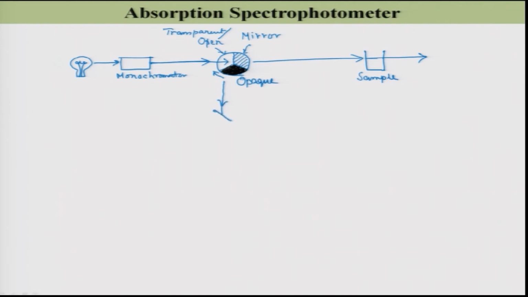and then I have another mirror over here, and it will pass through a place where the sample is not present. That means, this is my sample and this is my reference, right.